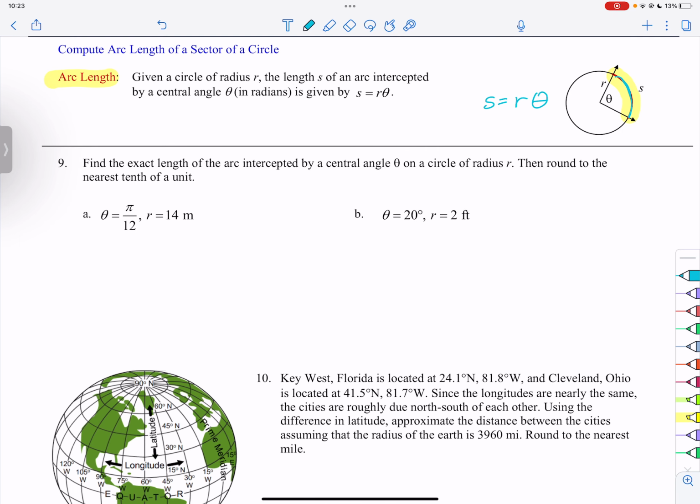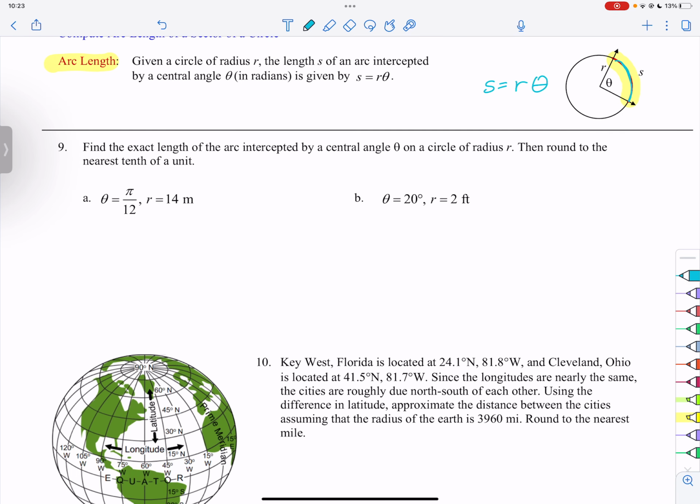So let's try one. Find the exact length of the arc. So here we're finding the length of an arc intercepted by a central angle theta on a circle of radius r. And we'll round to the nearest tenth of a unit. Okay? So they give us theta and they give us r.